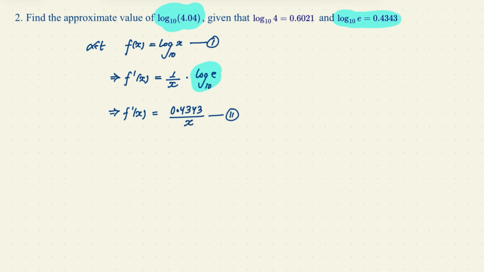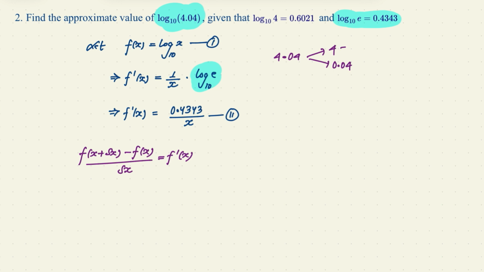Now since we have the formula, that is f of x plus del x minus f of x, whole divided by del x, equals f dash of x. Since there is a number 4.04, we will break this 4.04 into two parts, that is 4 and 0.04, so that if I add these two numbers, I will get 4.04.